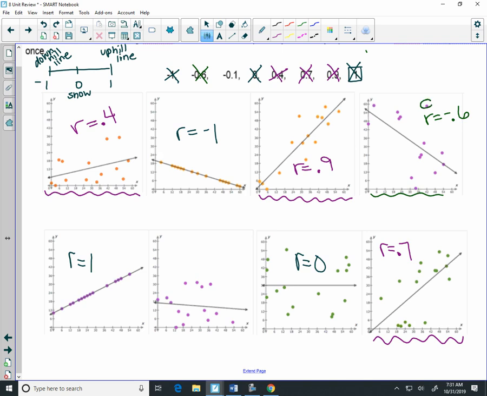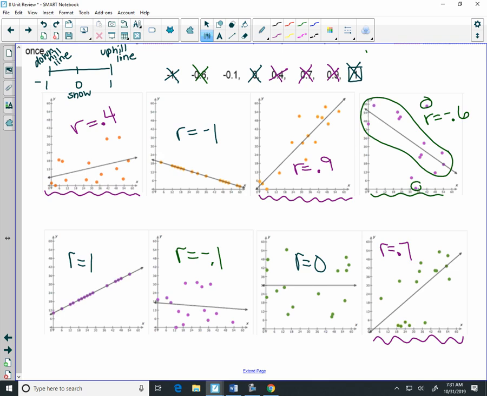We have a couple that are far apart, but we have this cluster here that is very linear. So that's what makes that more of a -0.6 than this one down here. Down here, right next to our R equals 0, this guy I'm going to label as R equals -0.1. They're pretty random. It looks pretty close to that snow graph.